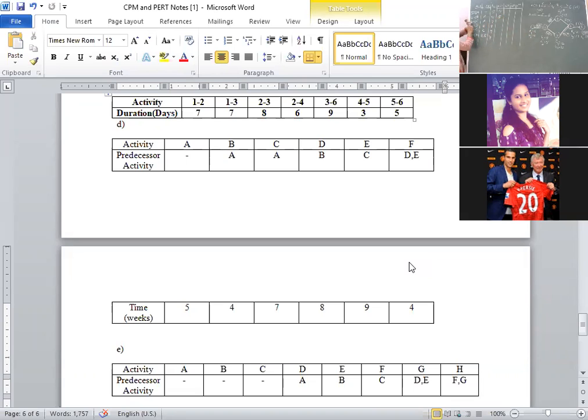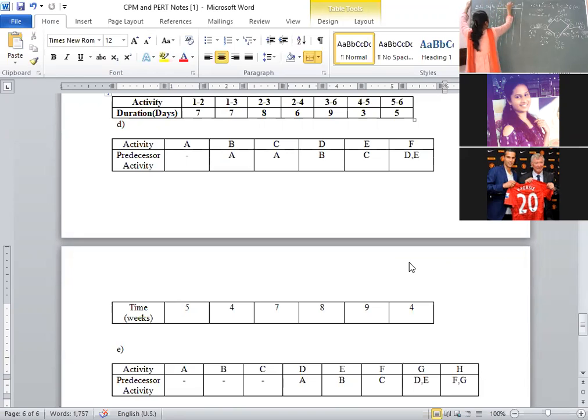Again, here also, next also 2 to 4, E2 value is 5. Next, 3 to 5. What is the value of E3? E3 is 9. What is the value of E4? That is 12. What is the value of E5? That is 21. This is earliest start time, also known as Ei.